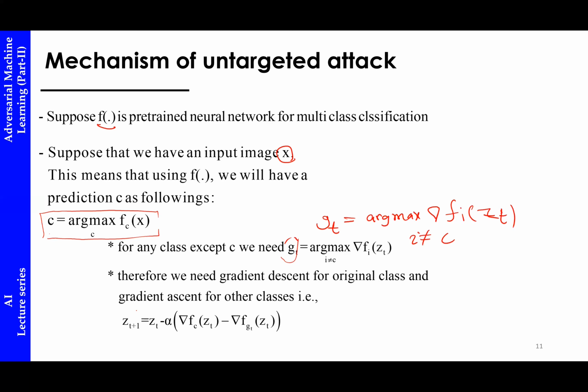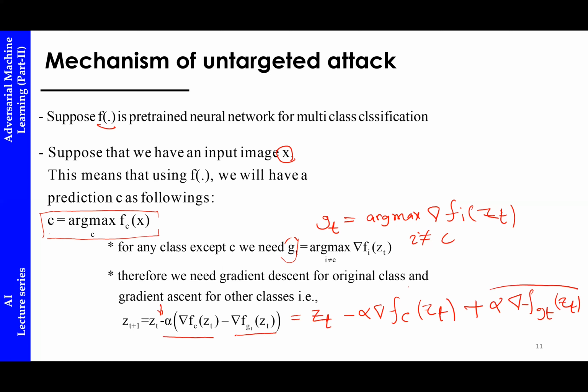Then we need gradient descent for our original class and gradient ascent for other classes. You see that here we have a minus sign. The result of this expression will be zt minus alpha gradient fc of input zt, plus alpha gradient fgt of input zt.